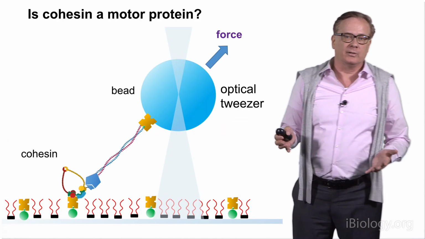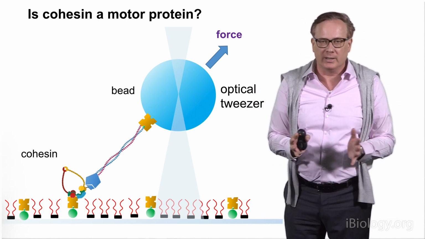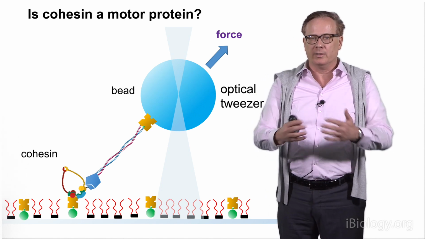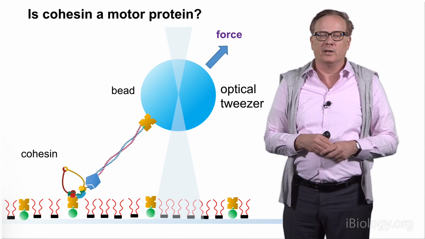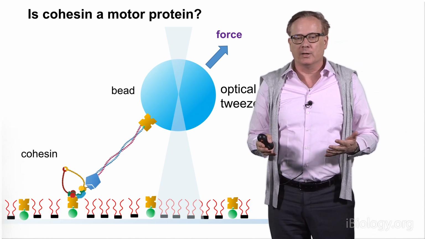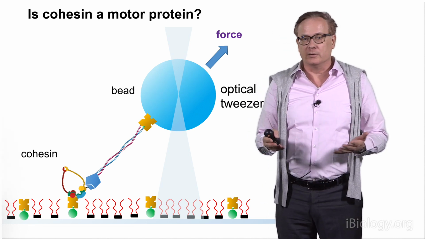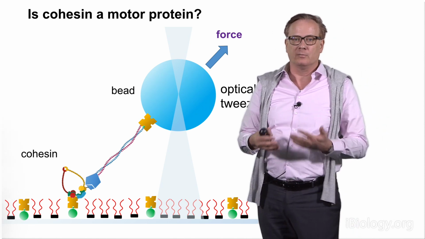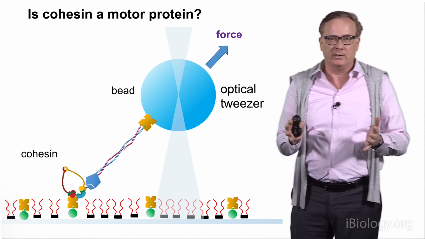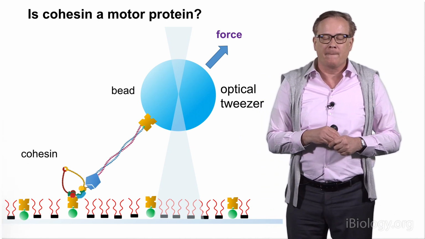That raises the really interesting question whether cohesin can not only function as a topological linker, as which it is thought to function when it mediates cohesion by embracing the two sister DNA molecules inside its ring structure, but whether it can actively form chromatin loops and perhaps therefore is a molecular motor, more related to other motor proteins like kinesins or myosins or dynein, and whether it could use its ATP binding and hydrolysis activity, which it clearly has, for that purpose.